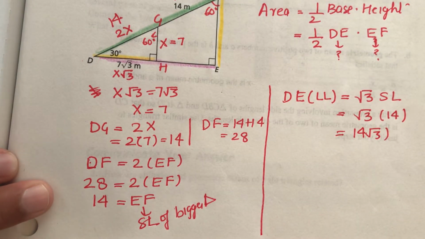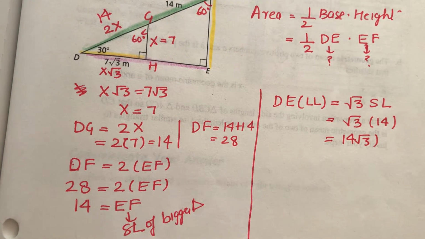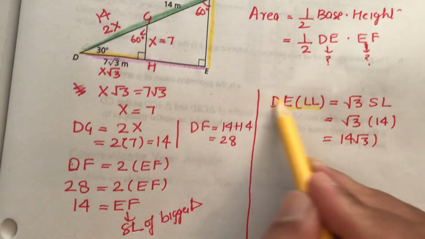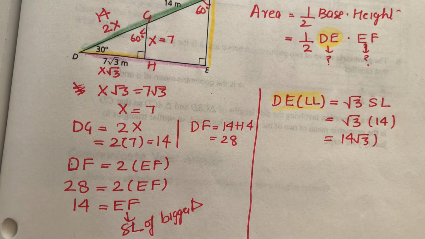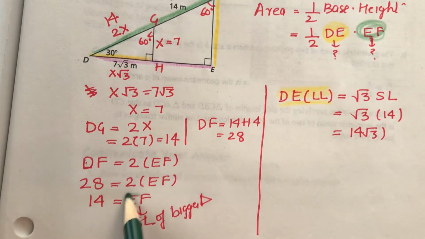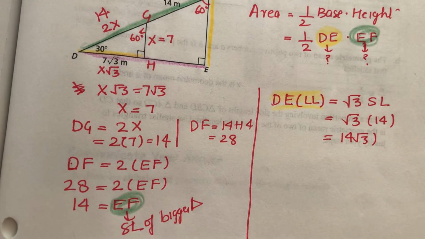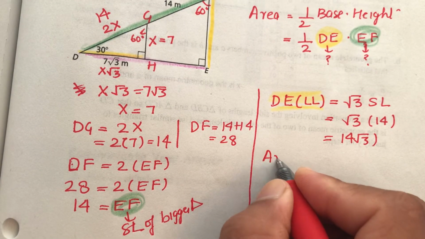Now I got everything I was supposed to find. I needed to find DE here and I needed to find EF here. I have both values. It's just a matter of plugging in the values.